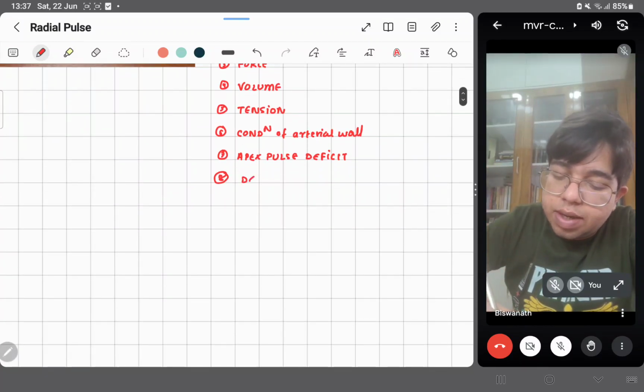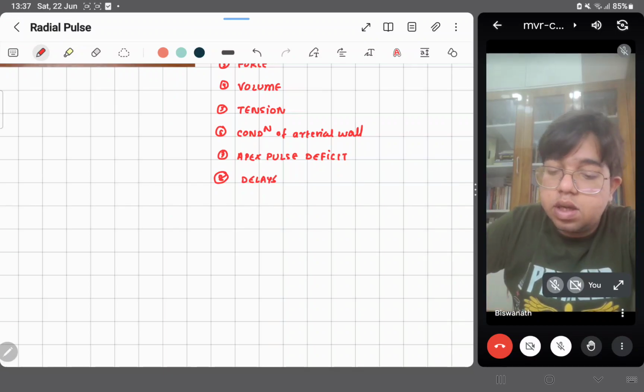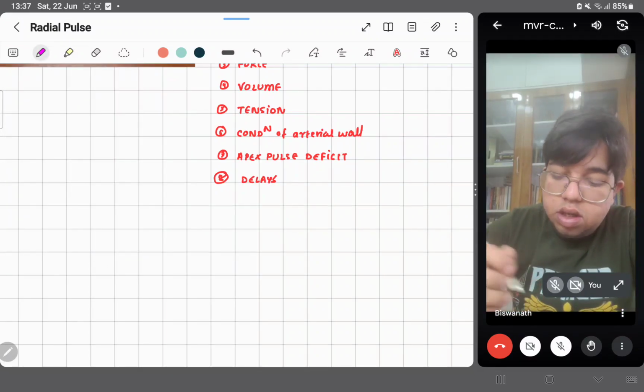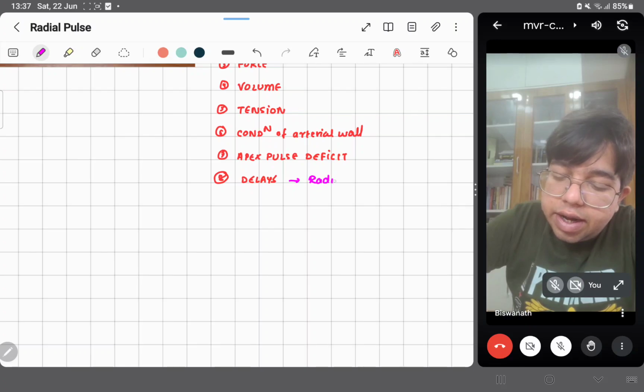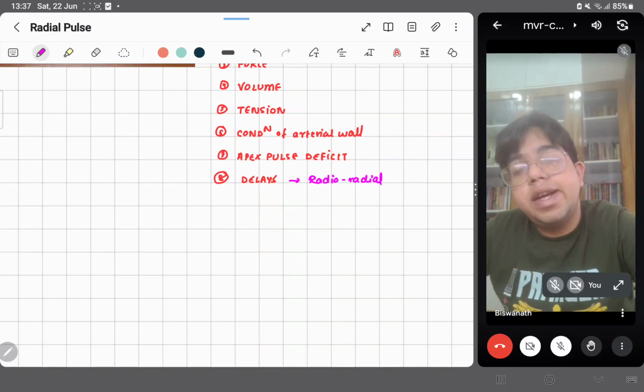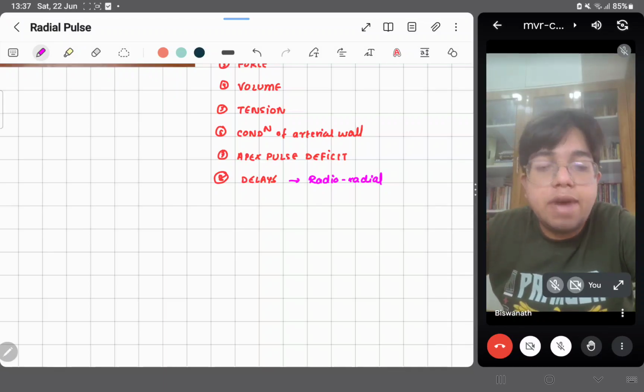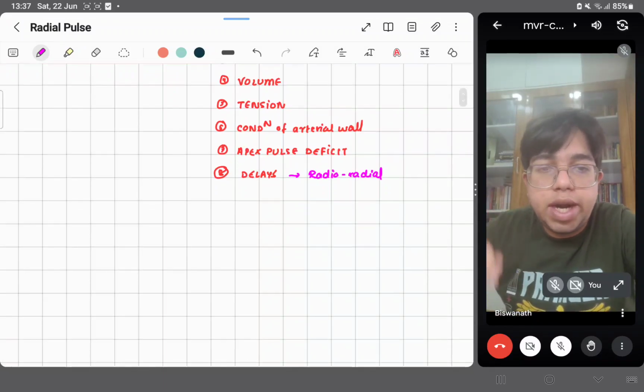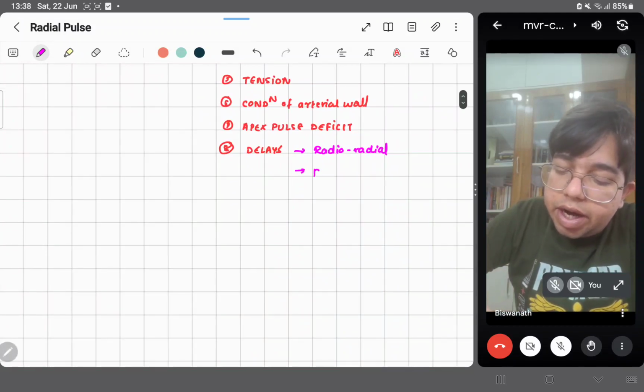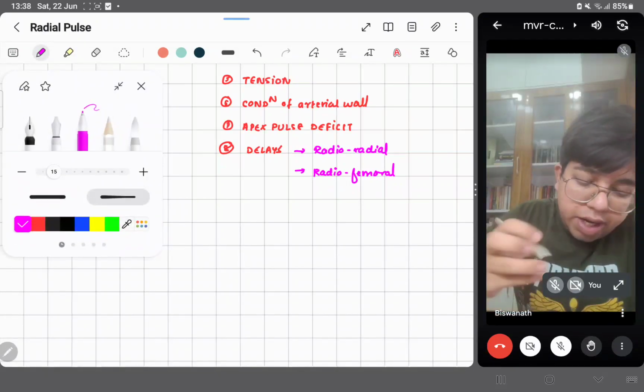So there are two types of delays. We have radio radial delay, that is checking the bilateral equality between the two radial arteries, right? And we have the radio femoral delay also. Radio radial delay and radio femoral delay are to be checked.